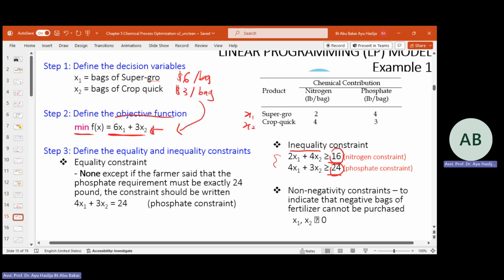The non-negativity constraint here is to indicate that negative bags are not possible. Negative bags of fertilizer cannot be purchased. Okay, not possible. So here, the sign would be equal or larger than 0.